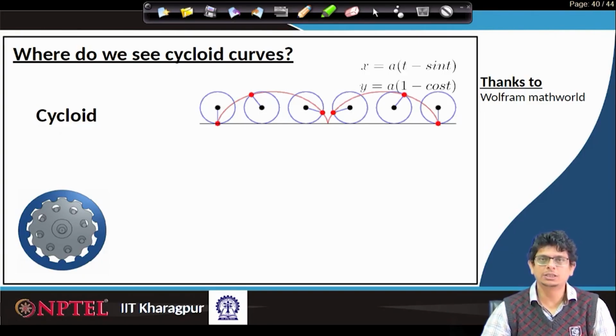These cycloid curves give better efficiency in mating the gears, so that frictional losses will be a bit less compared to any other kind of mating surfaces. They will be a bit smooth and transmit power in line with the shaft with very little slip on the surfaces.